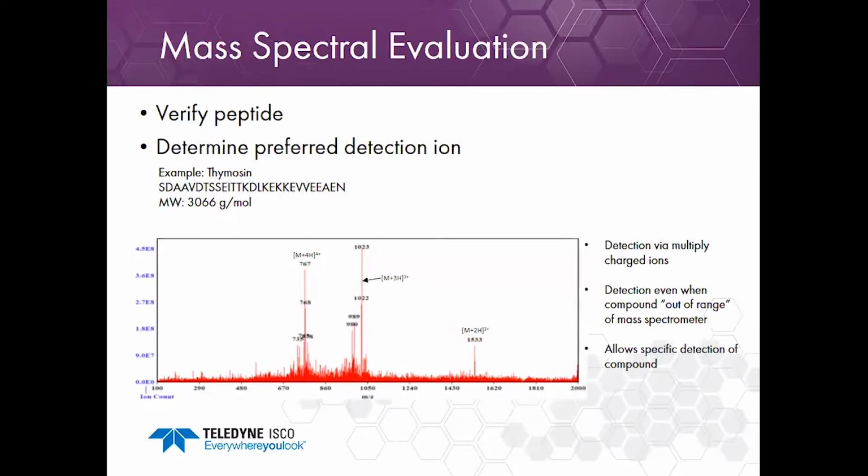So over here, I have the M+2H of 1533, an M+3H of 1023, and finally an M+4H of 767. You will also notice that the M+3H is the base peak here, and I would use that for detection as it improves the sensitivity of my mass spectrometer. It's important to note that these are not fragments.